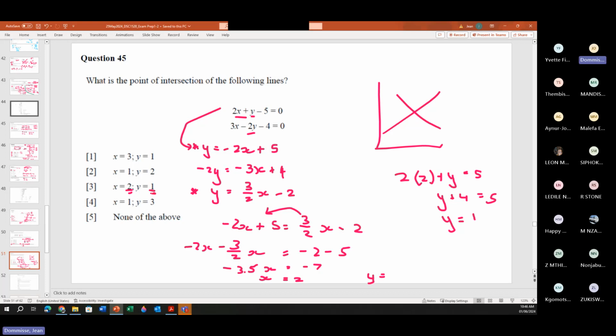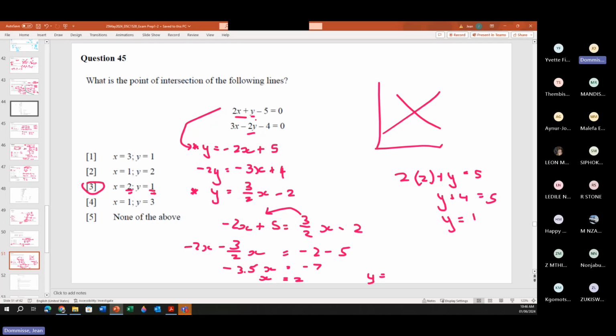There we have it. They also have it the other way around. Oh no, if it was x1, y2, they have it the other way around as well for us. So if we made that mistake, it was there as an option. But this is also nearly looking at simultaneous equations.